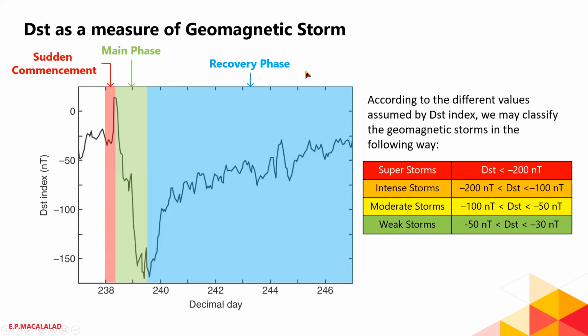The DST index is used to look at equatorial low latitude magnetic activity, because remember that the magnetic field configuration in the equator and low latitude is much different from the magnetic configuration near the polar caps. So that means the way we measure the magnetic activity at those two major regions should be different.